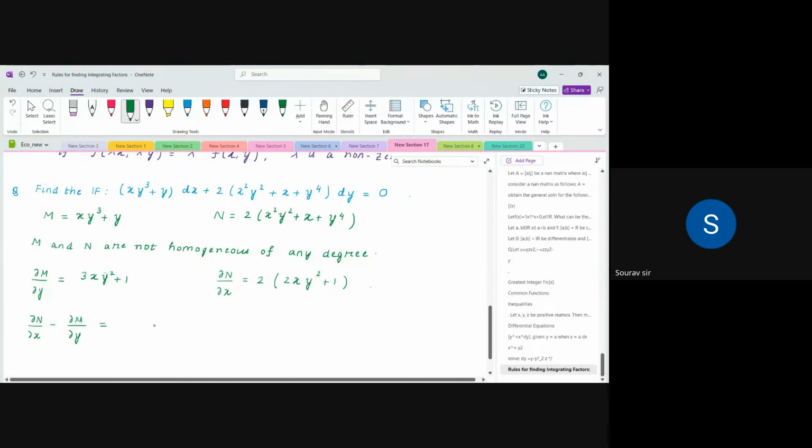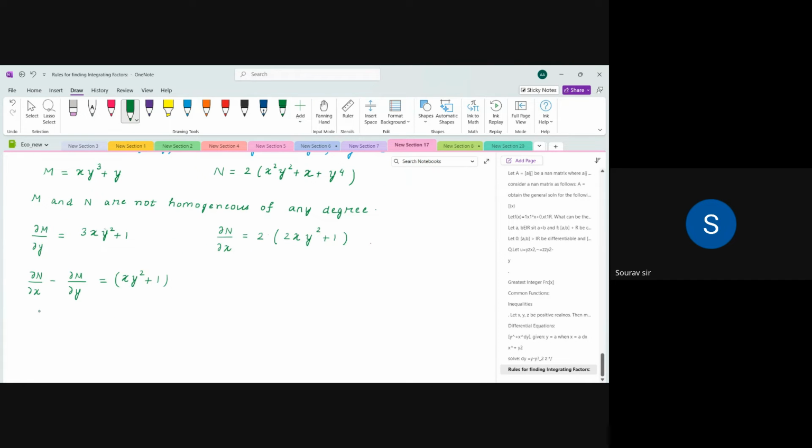What are we getting if you do this? xy square plus 1. And if I try to divide it by M, xy squared plus 1 in the numerator divided by xy cube plus y.